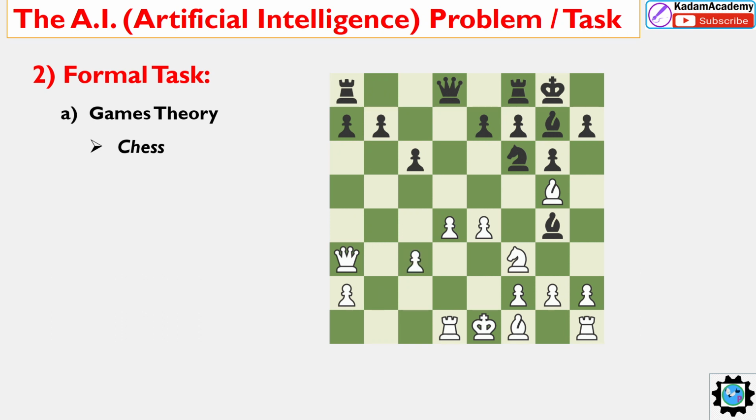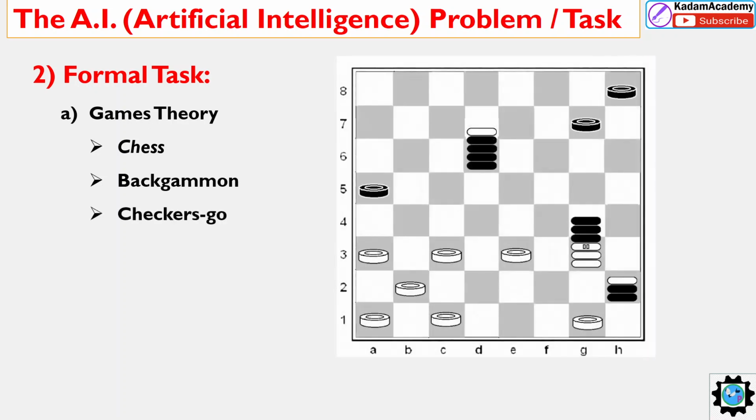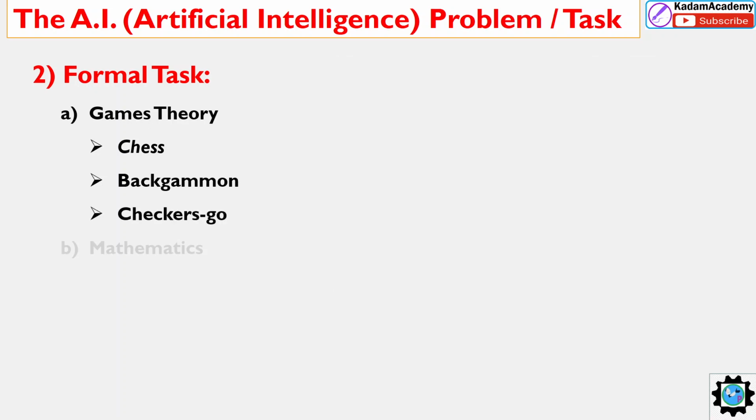The Logic Theorist was an early attempt to prove mathematical theorems also, and backgammon. These are the games developed for formal task game theory. Another area of mathematics is geometry. Or you can see here checkers and Go, the games under combinatorial game theory.